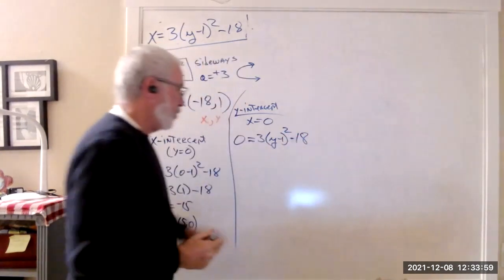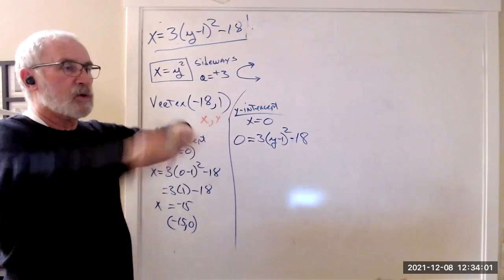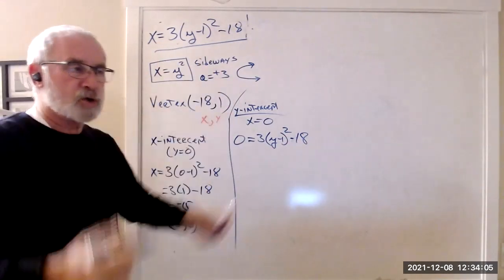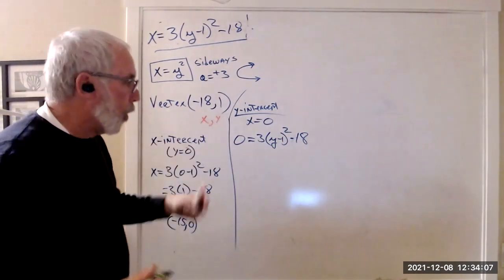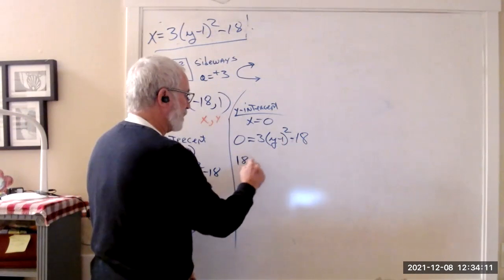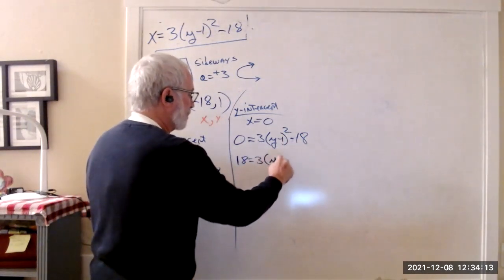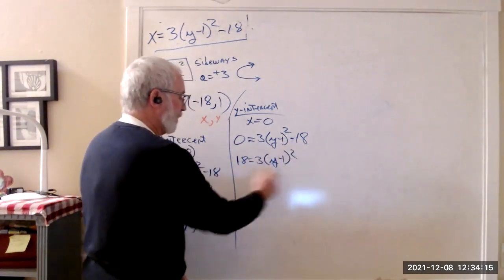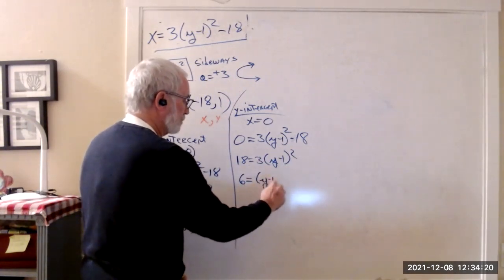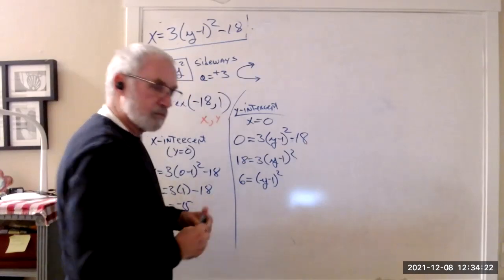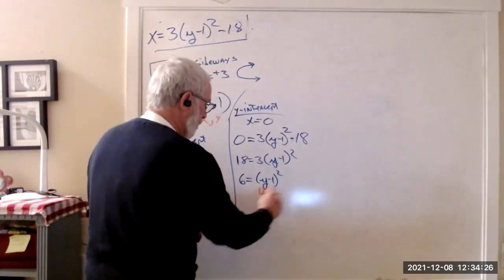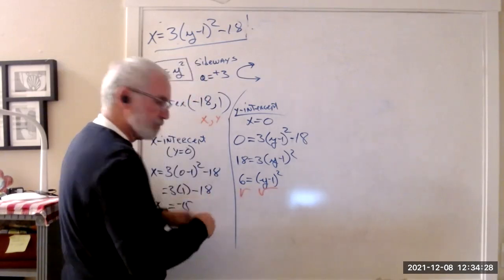And again, you could multiply the y minus 1 squared out. You could reorganize it. You could use the quad formula, or you can take the shortcut, add 18 to both sides, divide by 3. Take the square root of both sides and remember the plus or minus.